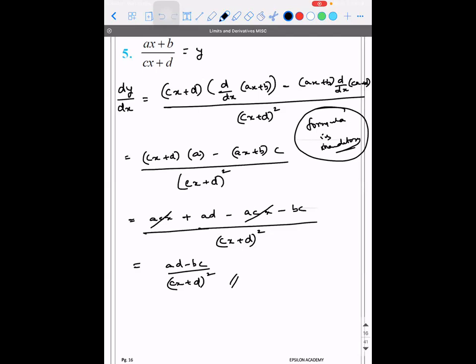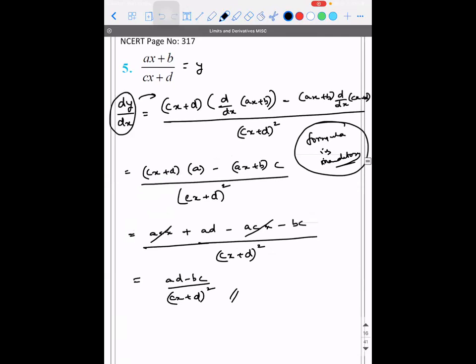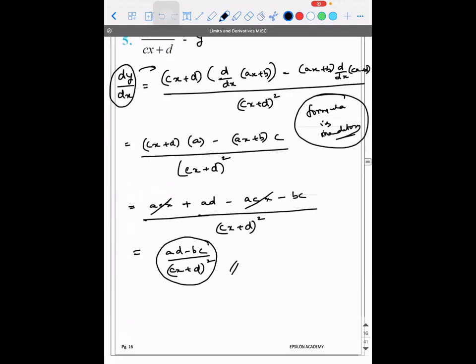Because the formula is mandatory. I'm saying you have to write the quotient rule formula and then do it. Okay, sir, understood. So this one you can leave it. This is right. I'm talking about the formula.